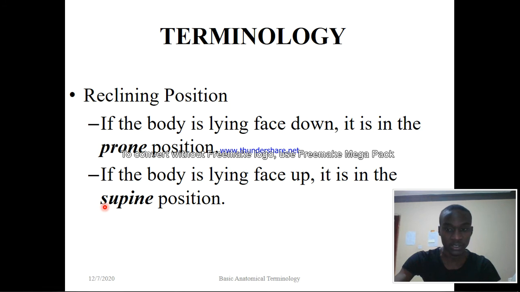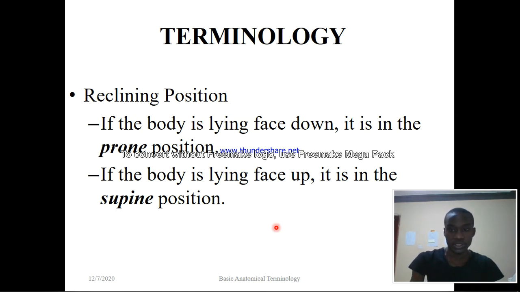And then the other term is the supine position, where the face is facing upwards. So someone is lying with the face upwards, and we are viewing the body from its front side. Those are the two major terms that we use when referring to the anatomical position, to recline the body for particular descriptions that are intended.